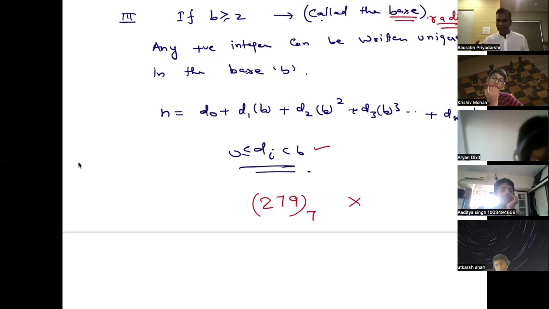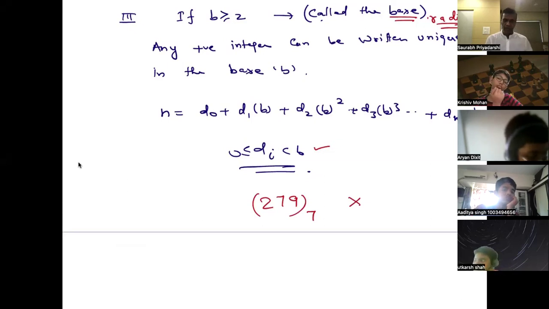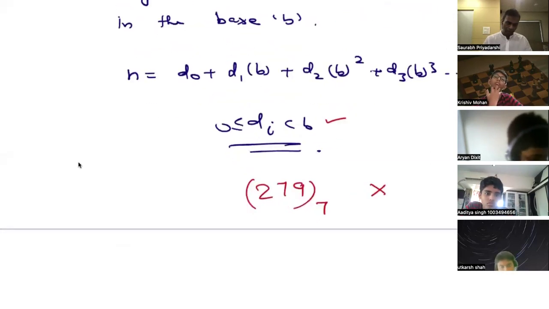Because 9 is greater than 7, as well as 7 is not required with base 7. In base 10, I don't have the digit 10, so we cannot write numbers in this form, right? Okay, everyone, so the base of any number must always be greater than the digits of the number. I hope everyone is getting it.